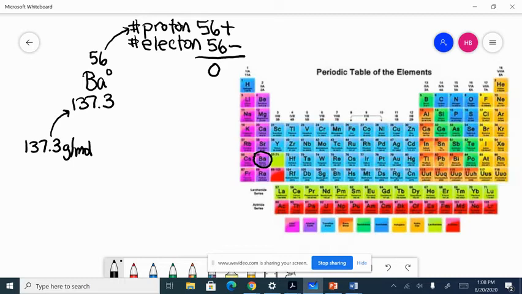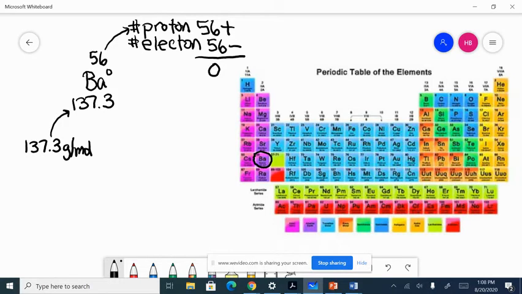So the same thing happens with the periodic table of the elements. It is not possible to have one atom that has a mass of 137.3. But when you have lots and lots of atoms, which is called a mole, it has an average mass of 137.3. So you have to know whether you have an isotope of barium 137 or an isotope of barium 138. You'll be told that.